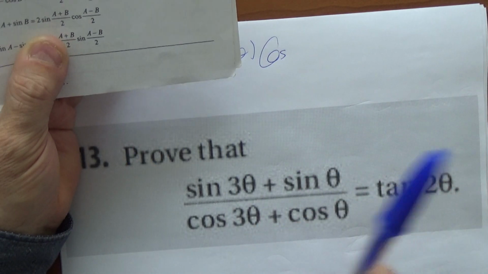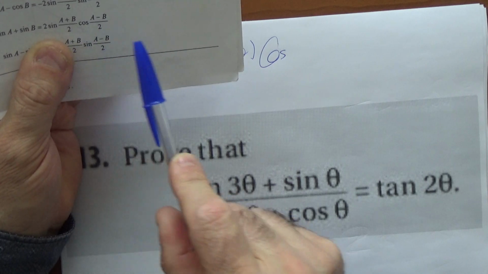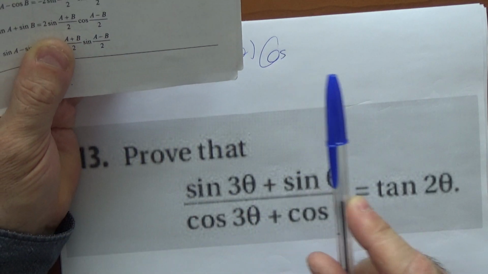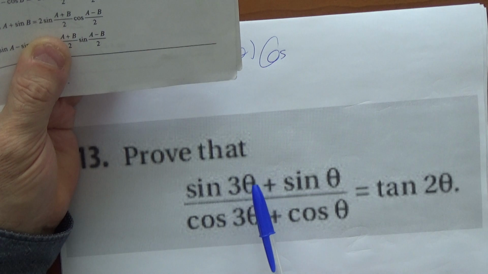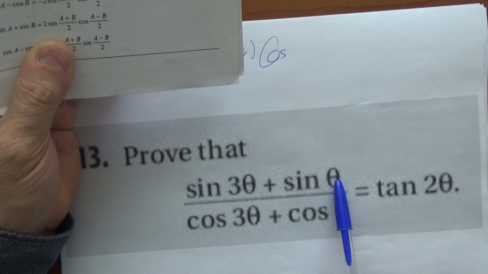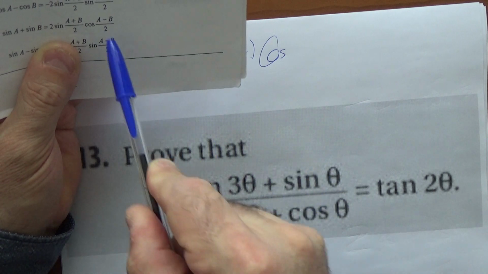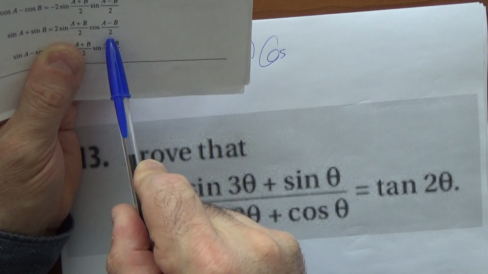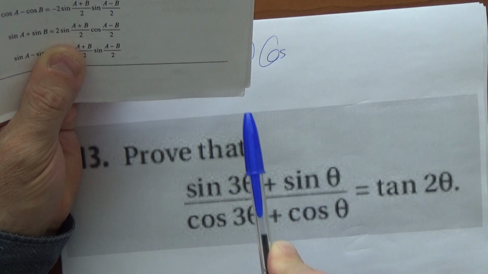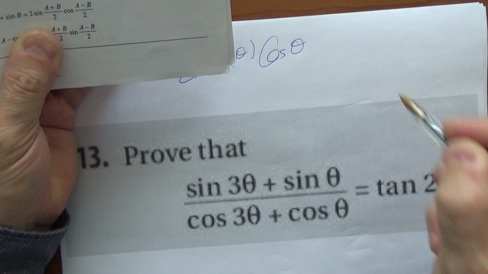I'll be extra careful about dividing by 2 from now on. It doesn't mean that I start doing every single calculation out explicitly. 3 theta take theta, I can do that in my head. That's 2 theta. I'm not done yet. I also have to divide by 2. So 2 theta over 2 is a single theta.